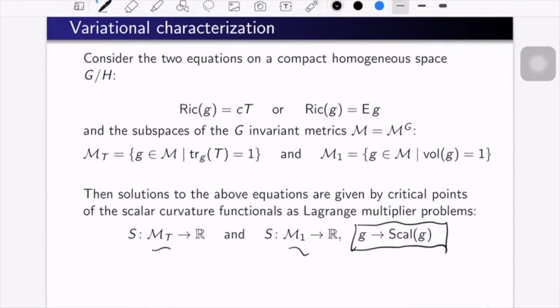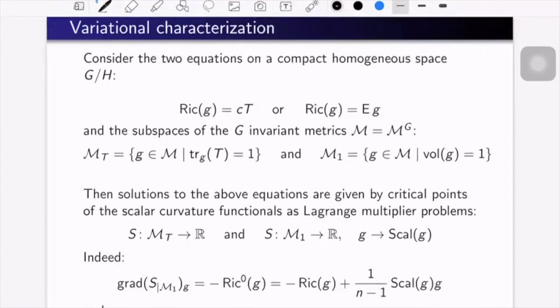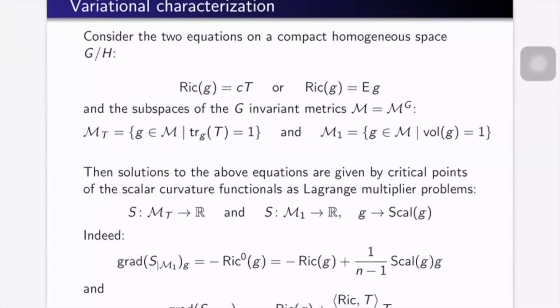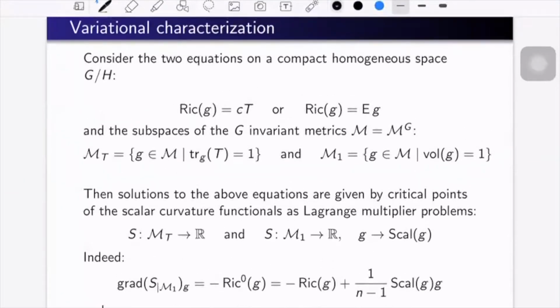And one can see this, for example, if one looks at the gradient of these functionals, they look like this. So for the volume 1 constraint, the gradient is given by the trace-free Ricci tensor. So here you can see the gradient on the right-hand side is of this form. It vanishes when Ricci is a multiple of the metric. So that's the Einstein condition.